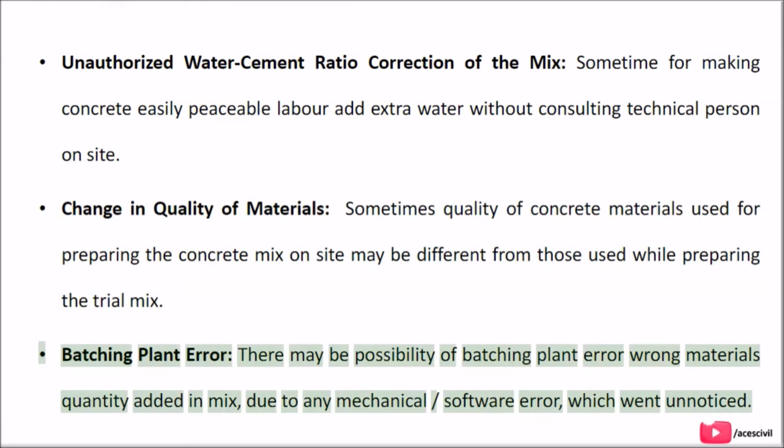Batching plant error: there may be a possibility of batching plant error, with wrong material quantities added to the mix due to a mechanical or software error which went unnoticed.